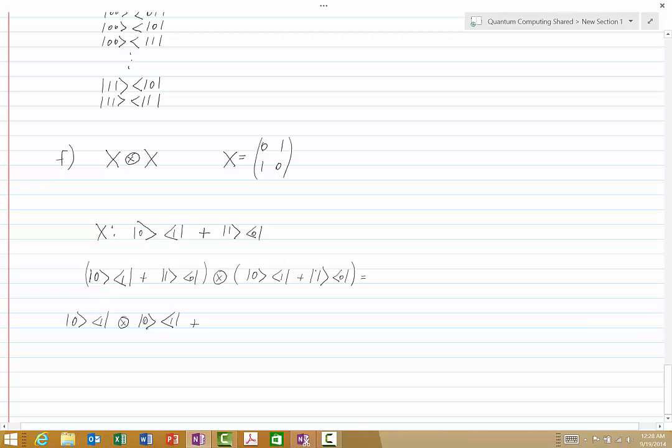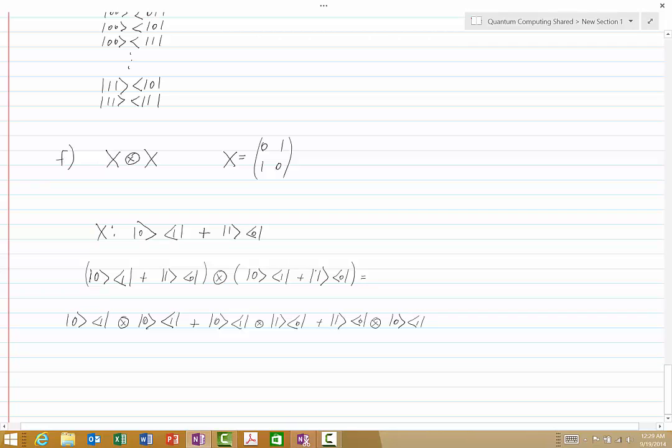The second term will be ket 0 bra 1 tensor product ket 1 bra 0. The third term will be the tensor product ket 1 bra 0 with ket 0 bra 1.